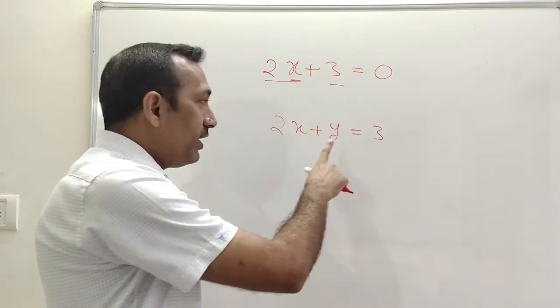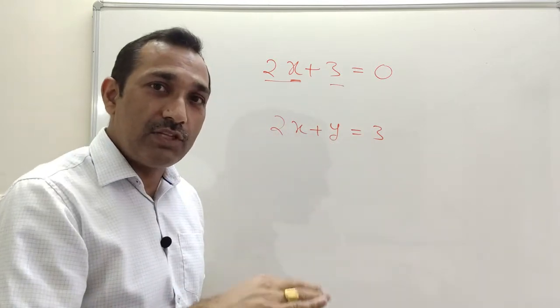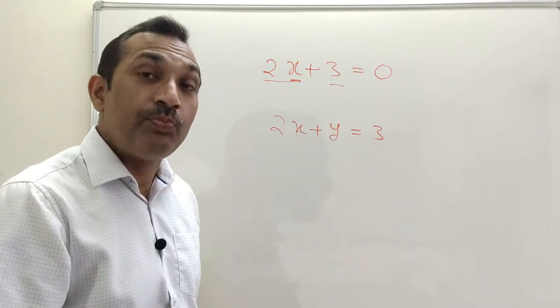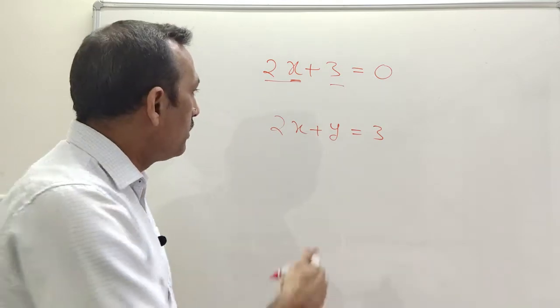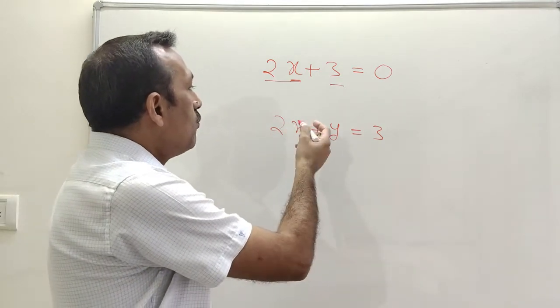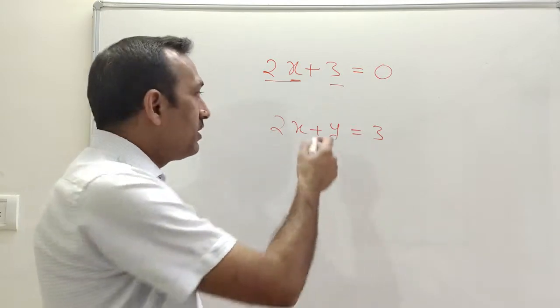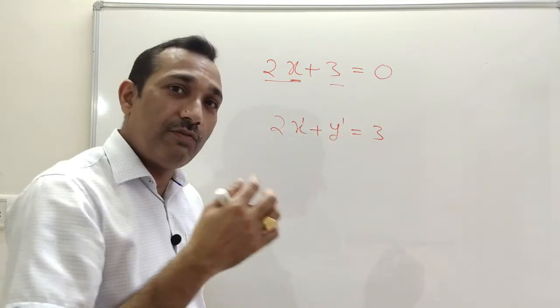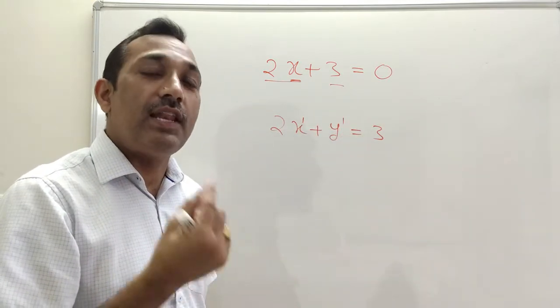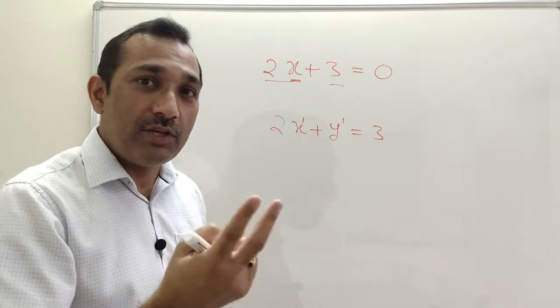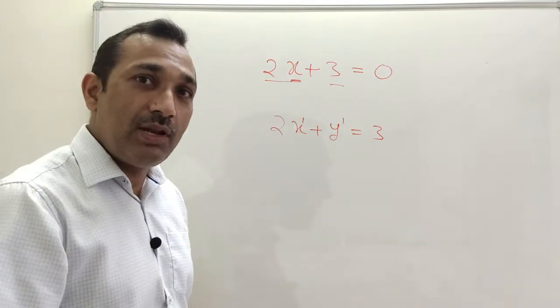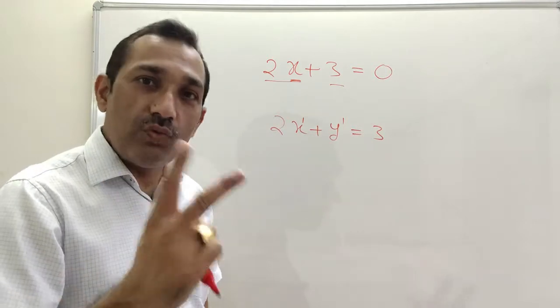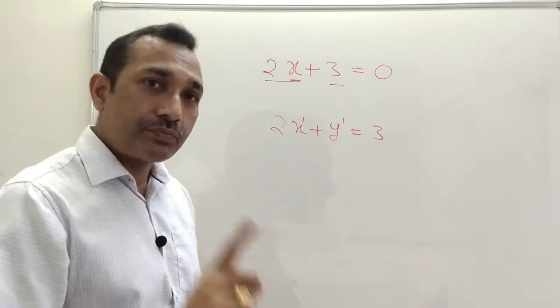Variable 1, variable 2. One is x, another one is y. Yes, we have two variables. Now what is their maximum power? Their maximum power is 1, because if I am not writing a power, that means x raised to power 1, y raised to power 1. So it is a linear equation in two variables. This is a linear equation in one variable, and this is a linear equation in two variables, right?